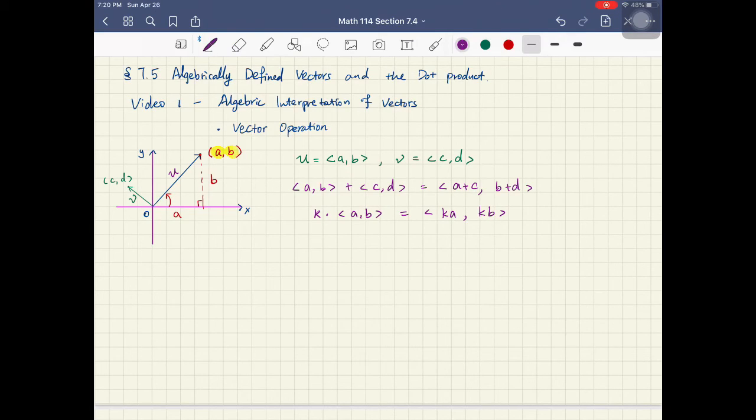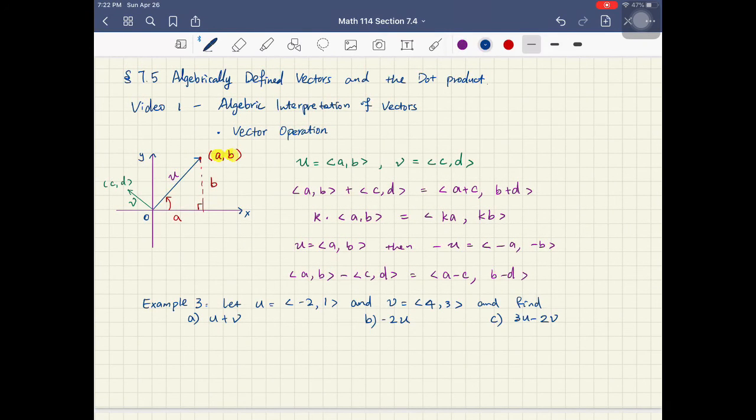If I want to find the negative, for example, u is vector a comma b, then the negative vector, negative u, will just equal negative a comma negative b. So it is exactly the same length, but going in the opposite direction. Then lastly, when we talk about subtraction, I can just subtract a and c, and b and d.